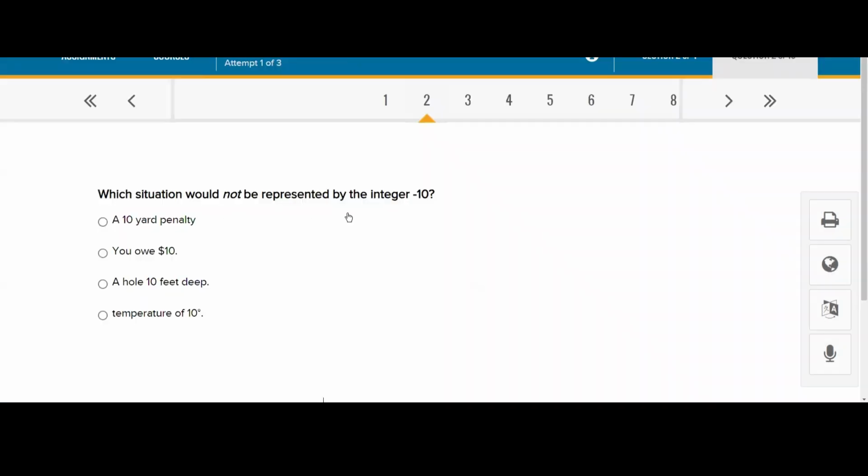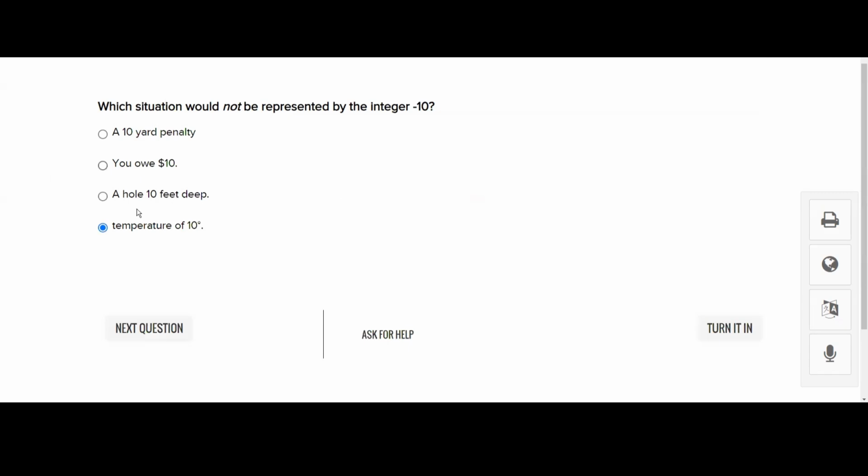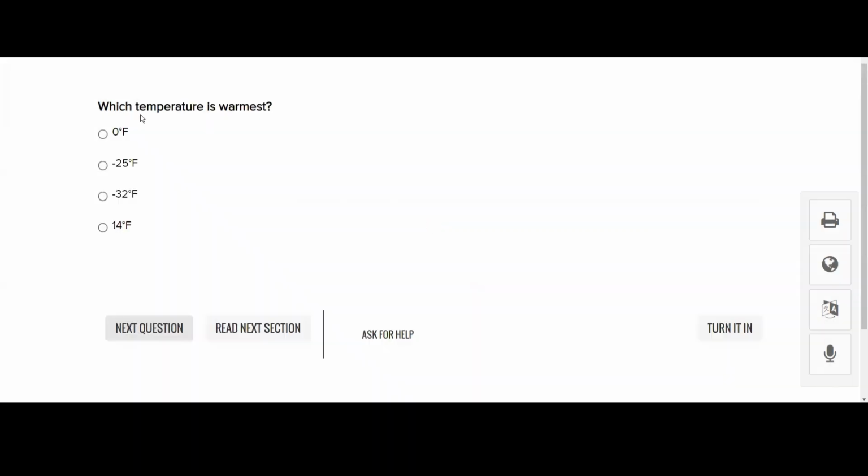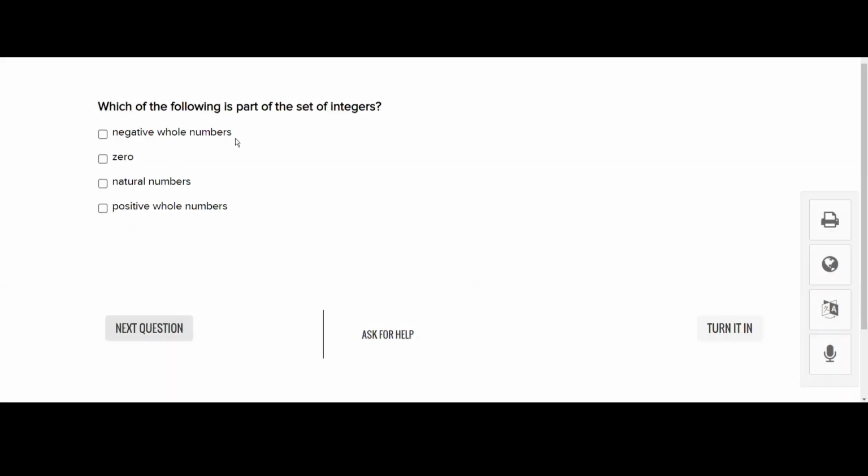Which situation would not be represented by -10? A temperature of 10 degrees. All of the rest are -10. Which temperature is the warmest? The warmest is not 0, it's 14. The negative ones are cold.